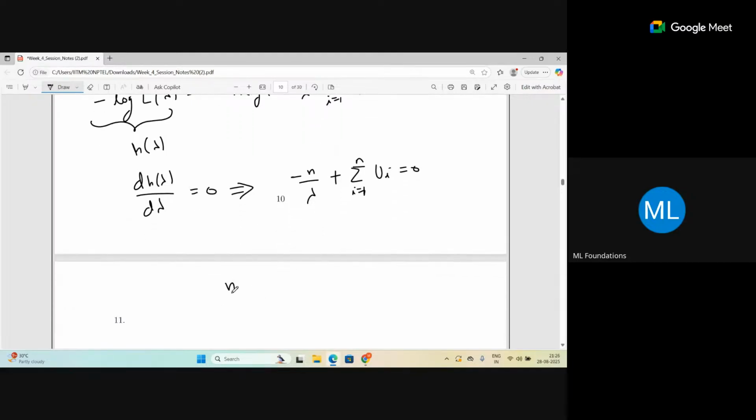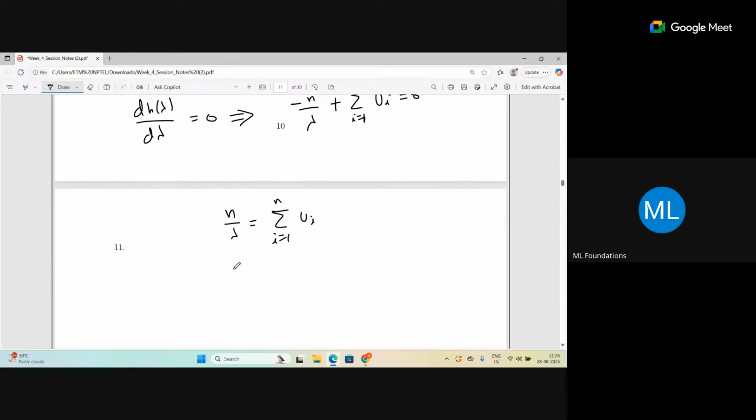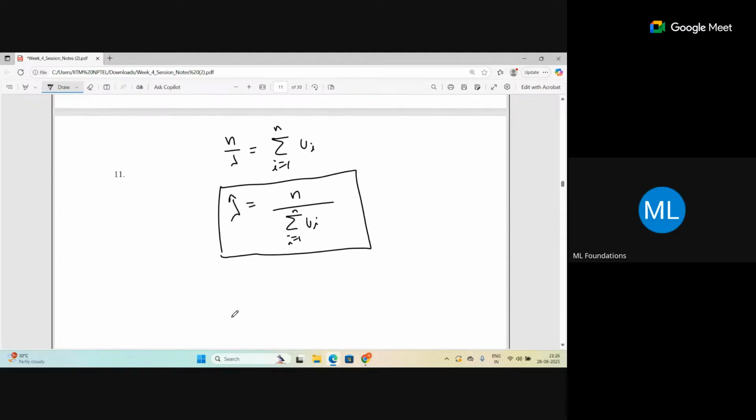If I do that, n by lambda will be equal to the summation of i equals 1 to n ui. I need the estimator for lambda, so lambda hat is equal to n divided by the summation of i equals 1 to n ui. So this is the estimator for lambda.